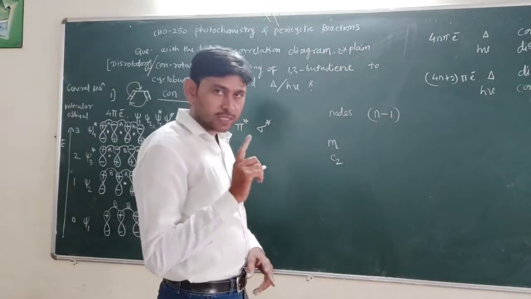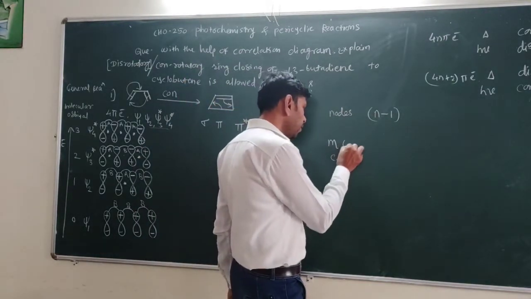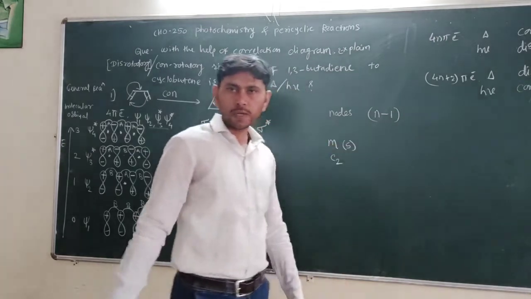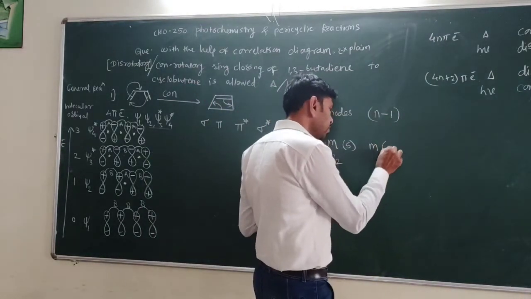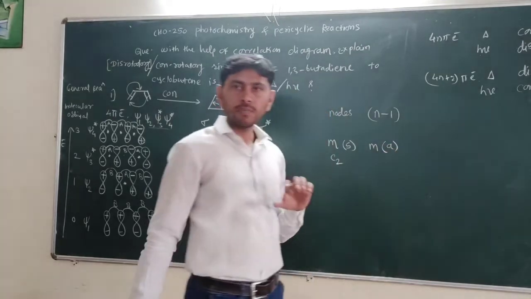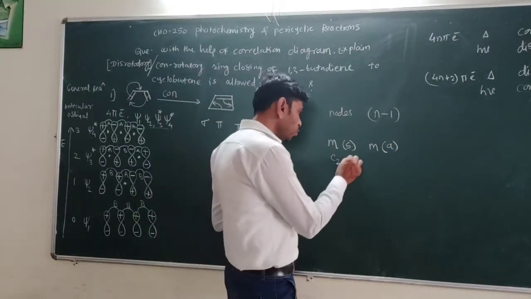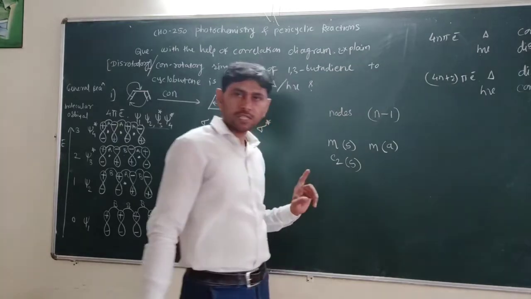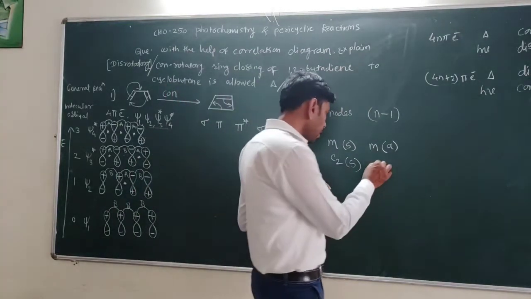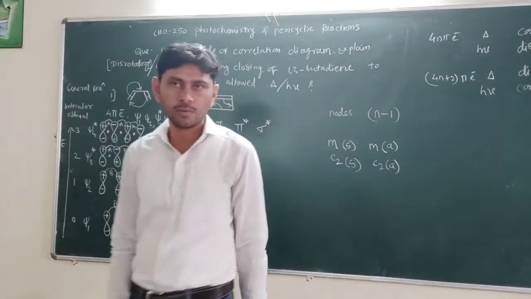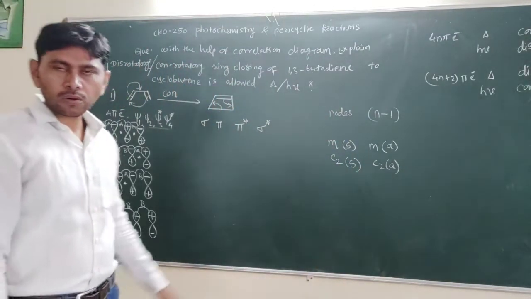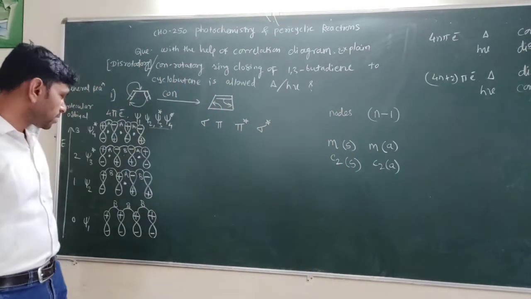If the orbital is symmetric with M, then we write M symmetric. If it is asymmetric with M, then we write M asymmetric. Similarly for C2, when C2 symmetry is present, we write C2 symmetric, and if C2 symmetry is absent, we write C2 asymmetric. So these are the symbols or notation for symmetry representation.